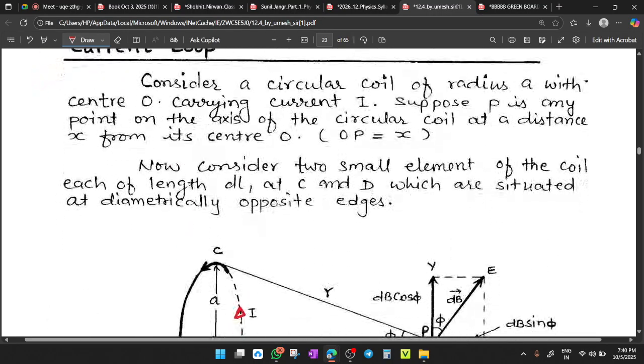Now consider a circular coil of radius small a, with center O, carrying a current I. Suppose P is any point on the axis of the circular coil at a distance x from center O.